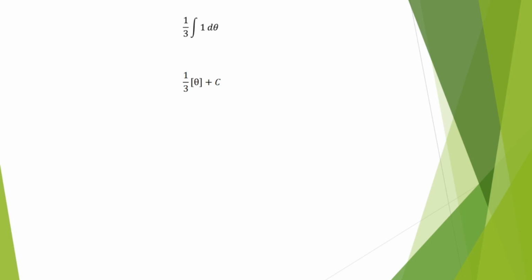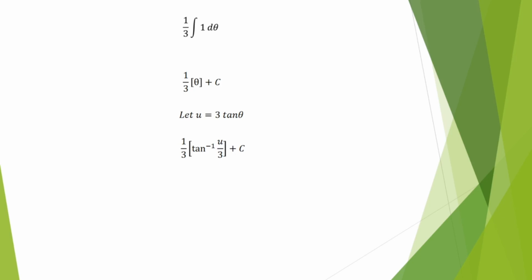Previously, we made a substitution that said u is equal to 3 tangent theta. So my goal here is to go back and rewrite this in terms of u's. So tangent of theta will be u over 3, and theta will be the inverse tangent of u over 3.